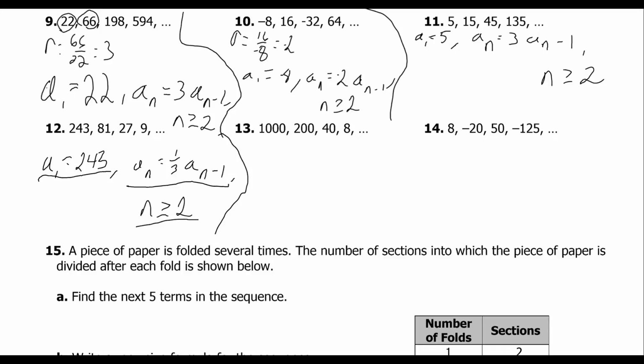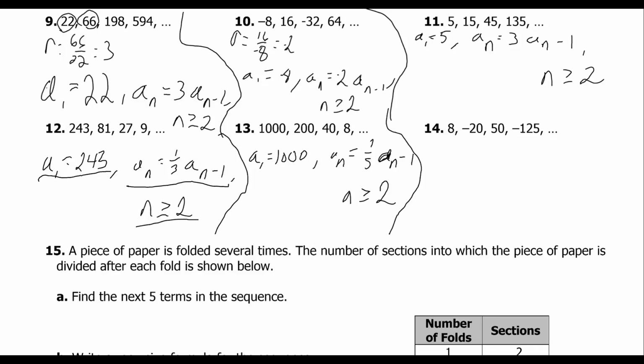Now, number 13, okay, A sub 1 equals 1,000. And then A sub n equals 200 divided by 1,000 is 1/5. Alright, and then A sub n minus 1. And then n has to be greater than or equal to 2.